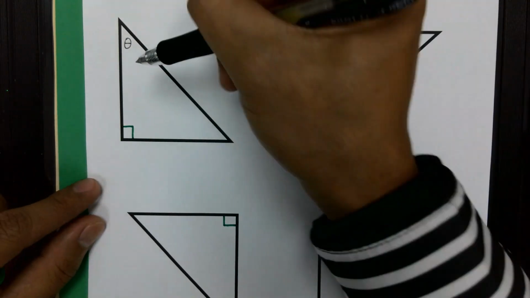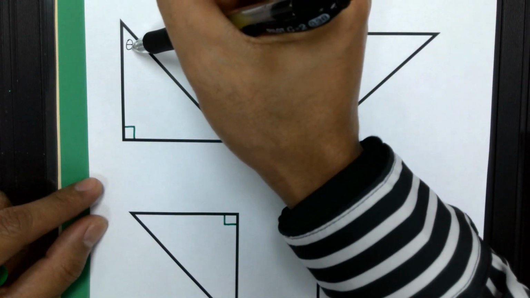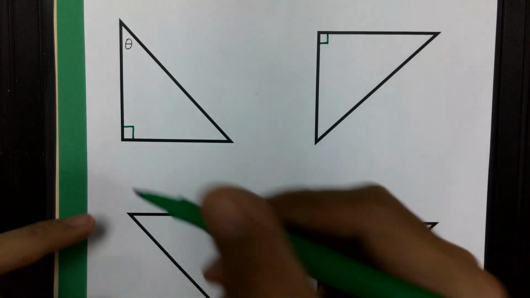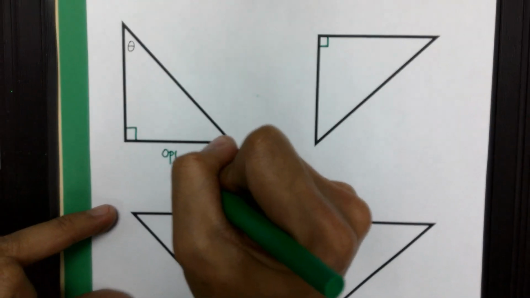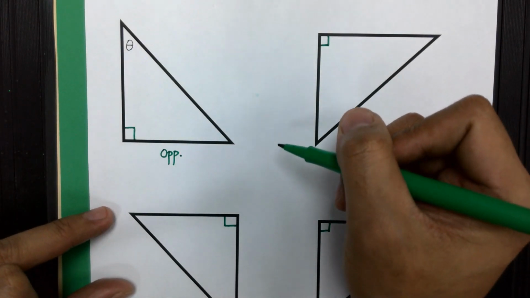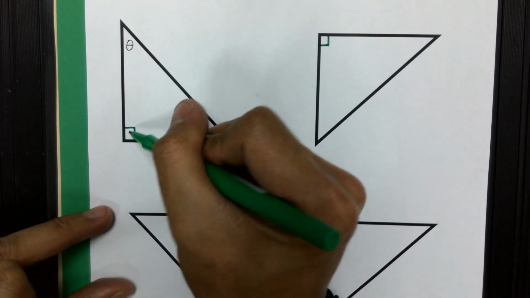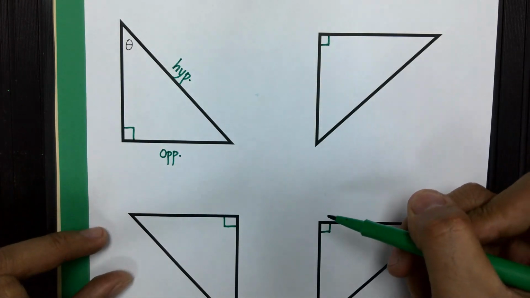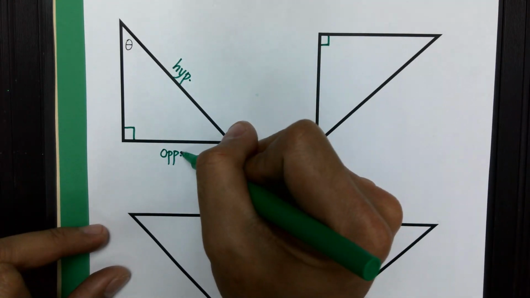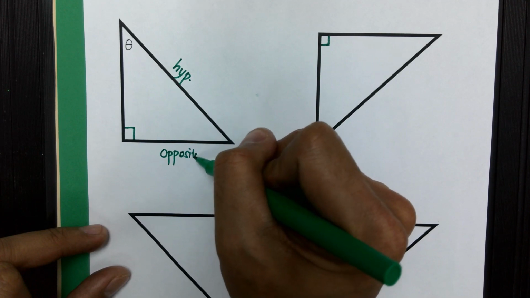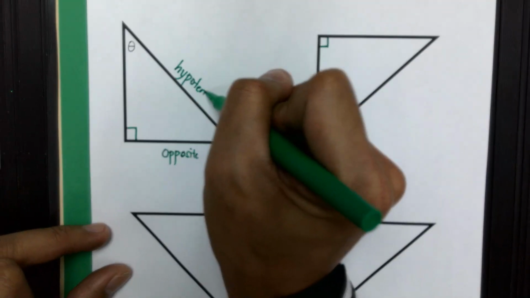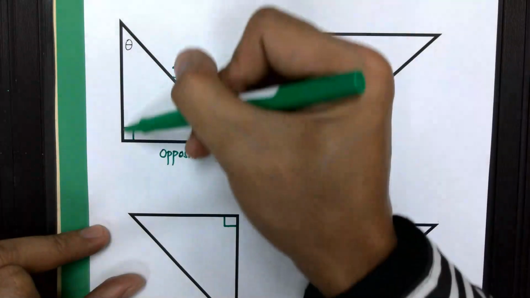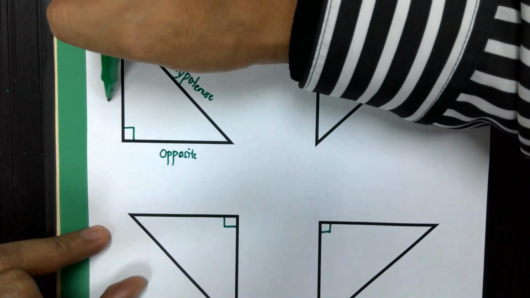We say that right across this symbol would be the opposite side, and then right across this symbol will be our hypotenuse. And then the remaining side of that triangle is our adjacent side.